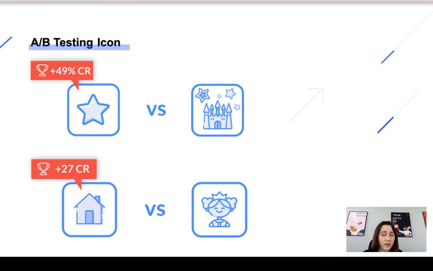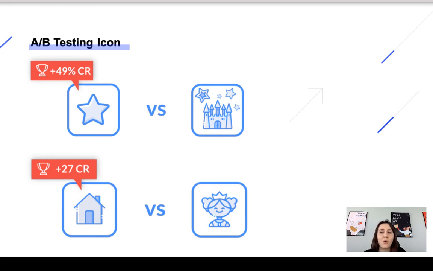The second example is an icon A/B testing for a puzzle game, and it showed that the icon with an object was better in terms of conversion in comparison to the icon showing a character.